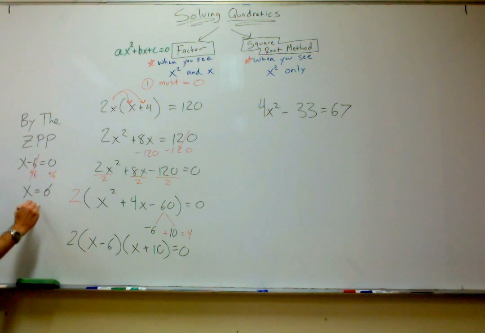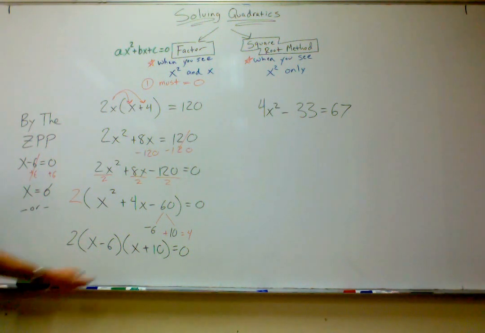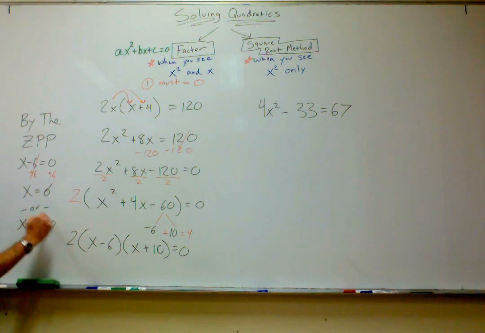Or, our other factor is x plus 10 equals 0, in which case x equals negative 10. Why? Well, we would subtract 10 from both sides and get x equals negative 10.